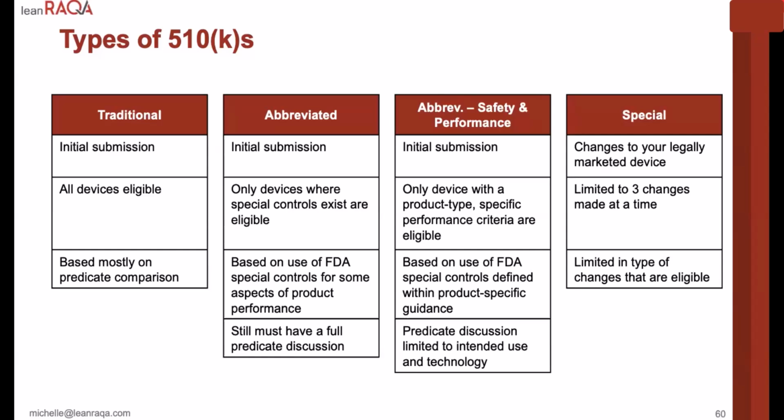You can have a special 510K, and that means that you already have a legally marketed device and you already own the 510K to it. You could only make 3 changes at a time, and it's very limited in the type of changes that are eligible.